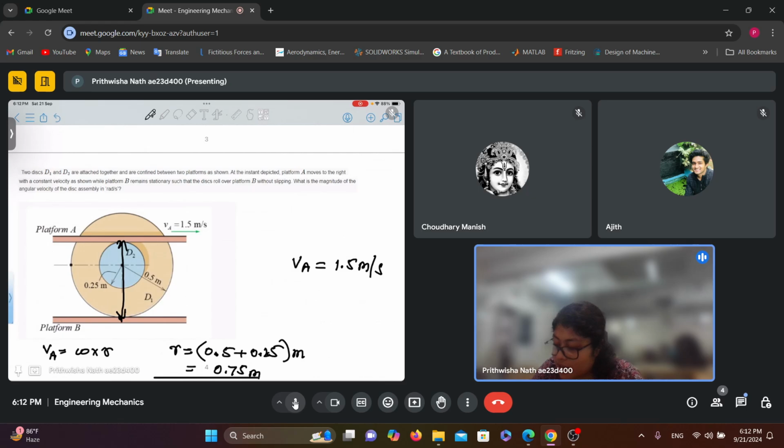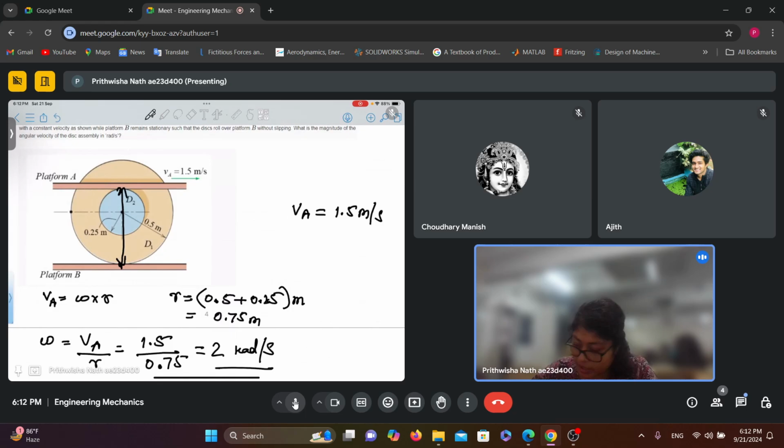From this information, we are asked to find the angular velocity of the system. So I calculate with respect to this point. So the total distance r would be 0.5, that is this distance.